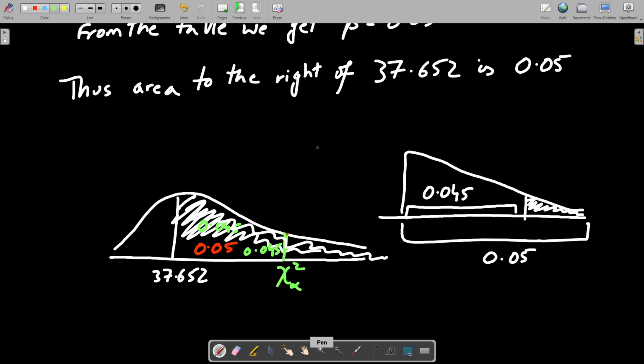This has to be equal to 0.005, right? 0.005 and 0.045 add up to give the total area of 0.05. Clear? Since this remaining region we concluded is 0.005, this implies that alpha is equal to 0.005.